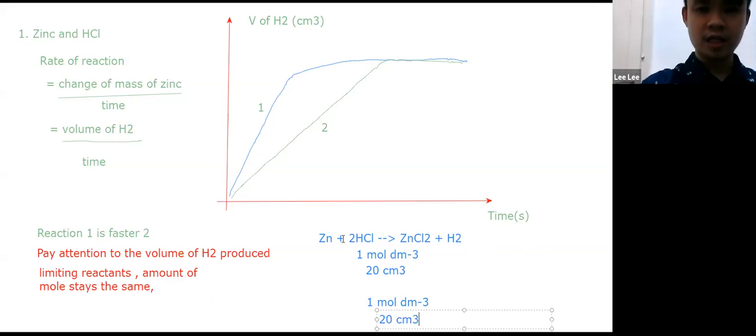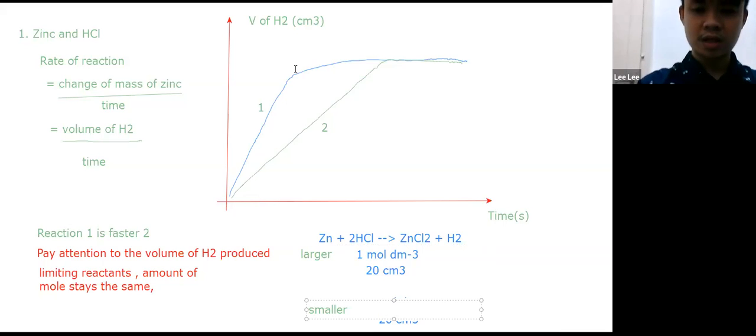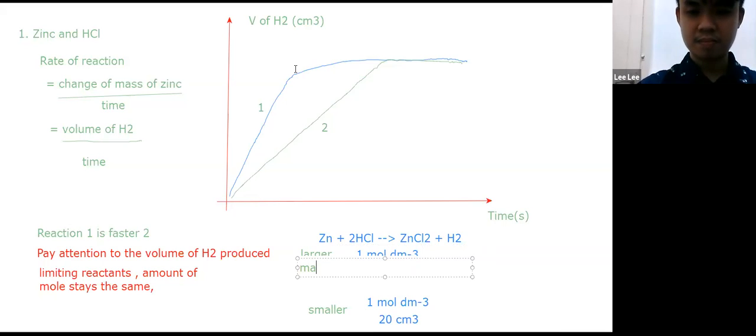So I don't change the acid, but at first the size of zinc is larger. Now, the second experiment, the size of zinc becomes smaller, but the mass is the same.